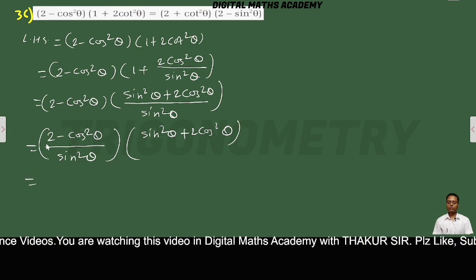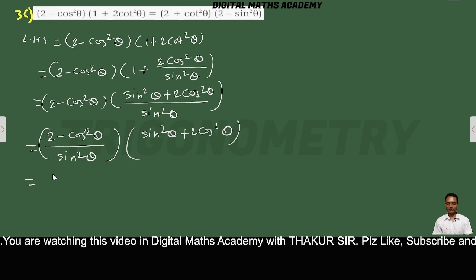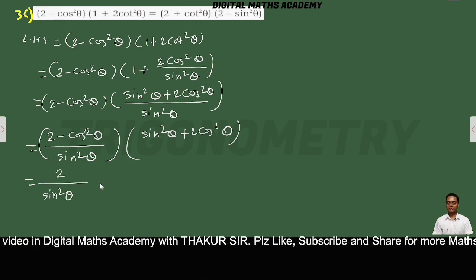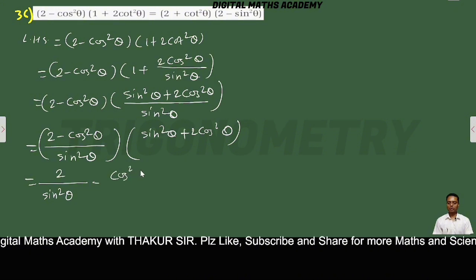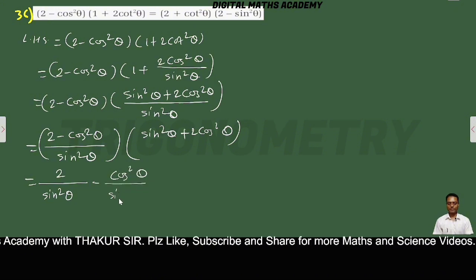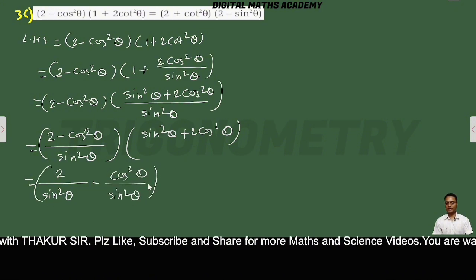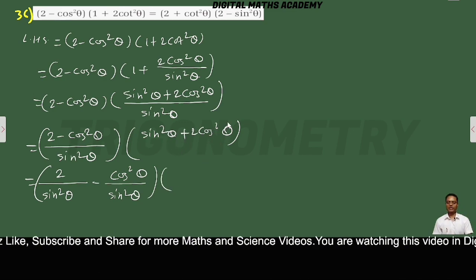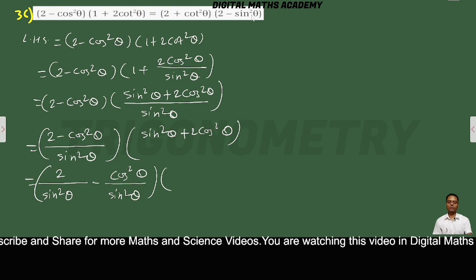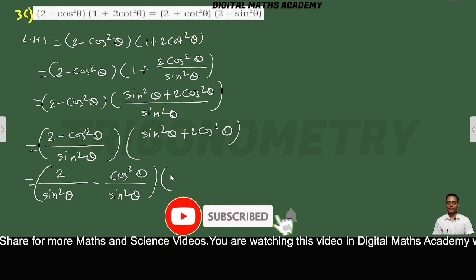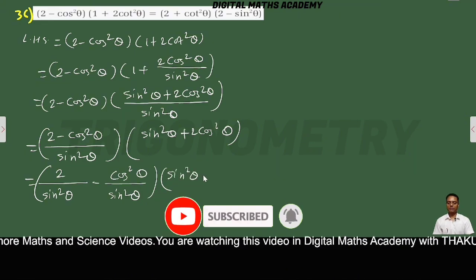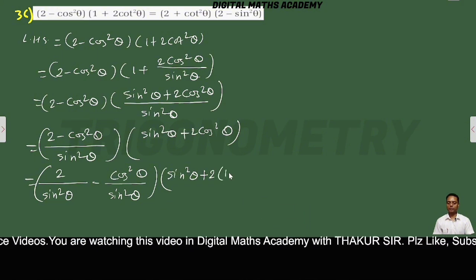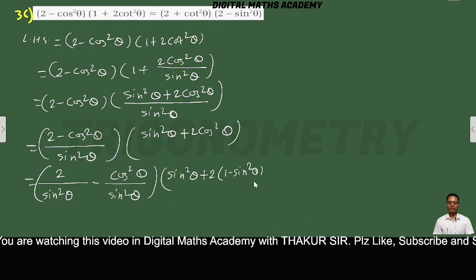So now we are going to separate the base here, that is 2 by sin square theta minus cos square theta by sin square theta. Yes, we are going to separate the base, and here sin square theta plus 2 cos square theta, yes we can see. So we are going to change cos square into sin square according to the right hand side. So we write here sin square theta plus 2, and inside the bracket we write 1 minus sin square theta, right?